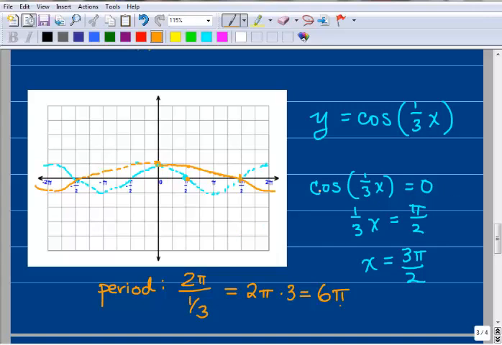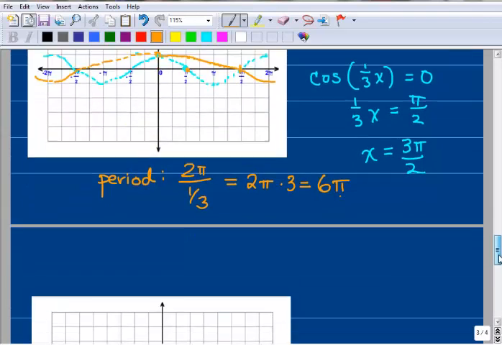So I see that the effect of placing a coefficient in the argument of the cosine function, or of the trig function, is either stretching or compressing the graph in the horizontal direction.